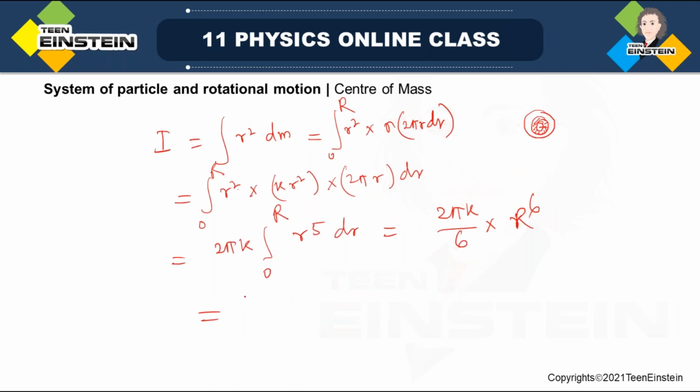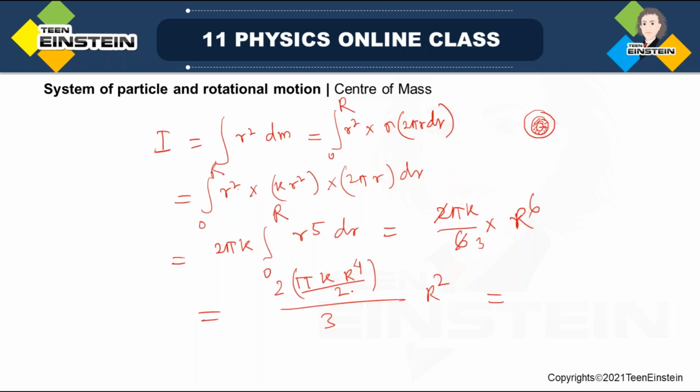Let me arrange that part. See, this will be pi k R to the power 4 by 2. If I write this, you have to multiply by 2 over here and we have 3 down, and again we have R square.